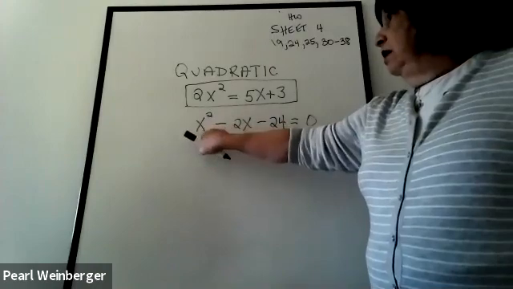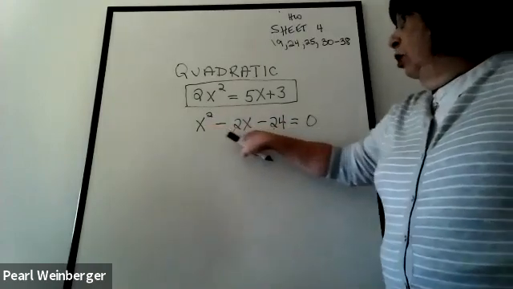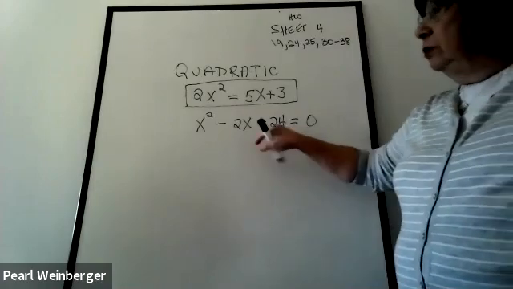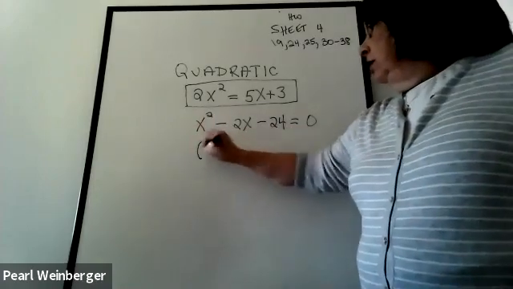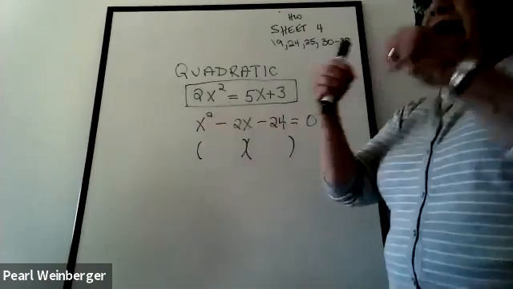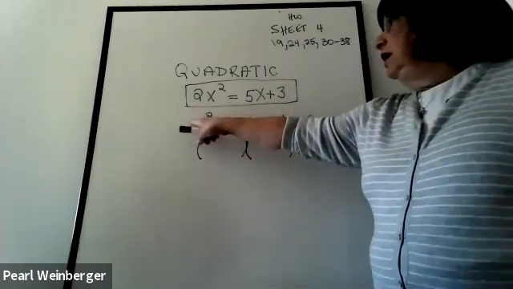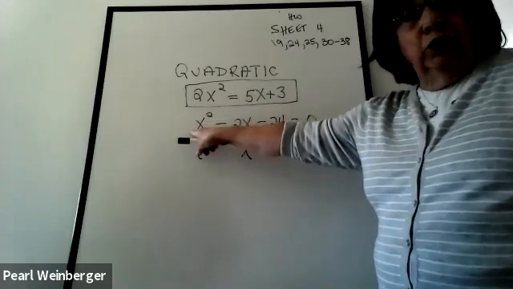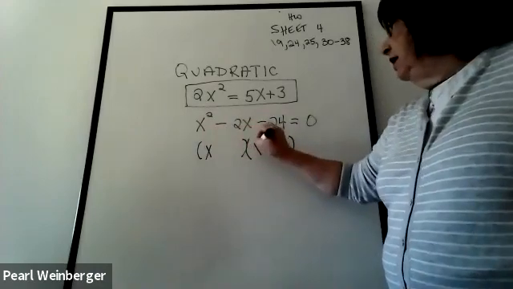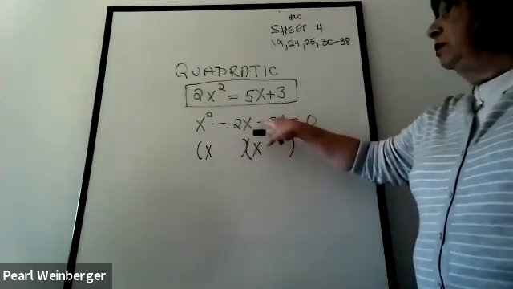Like in all factoring, we look first for a common factor, and there isn't one. So we open up two parentheses. I know I don't need to do the AC method because my leading coefficient here is 1. It's just a plain x squared. So I can break this up into x and x. Remember our rules.